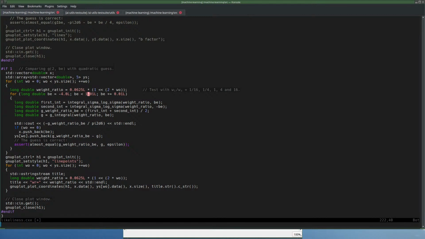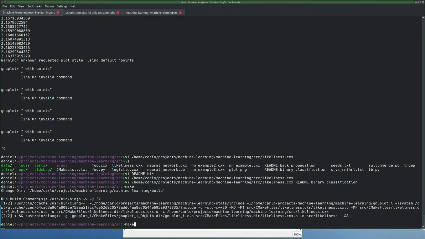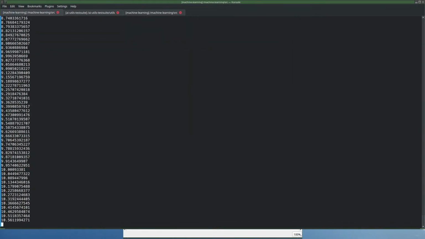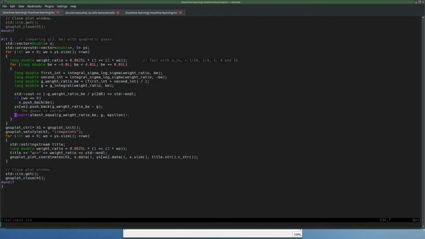Well, let me start with checking what happens if I run it from -4 to 4. Damn. It's no longer within the position that we want.